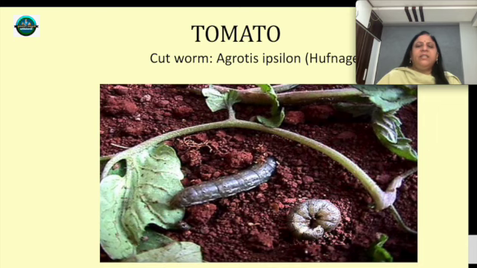So wherever Lepidopteran insects are the major problem, it is better to go with Bacillus thuringiensis kurstaki. And one more thing is the eggs of the Lepidopteran insects will be attacked by Trichogramma. Trichogramma is an egg parasitoid which controls the eggs of these Lepidopteran insects.